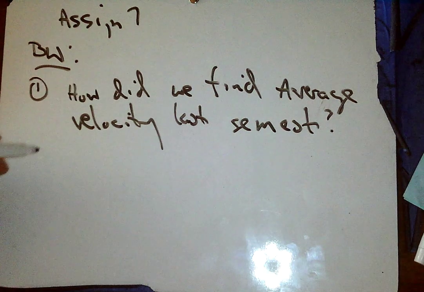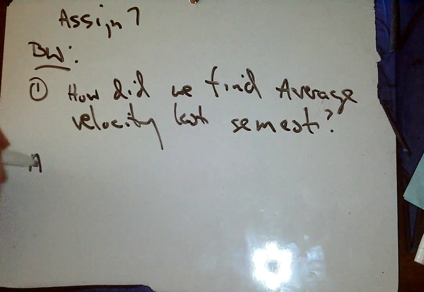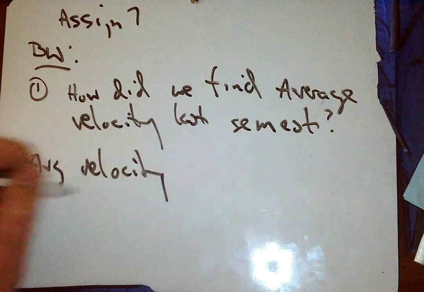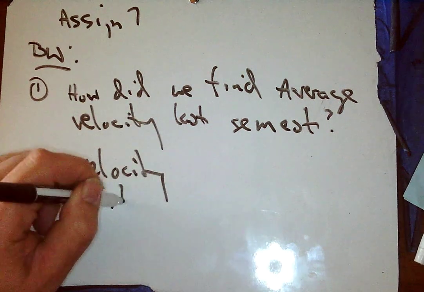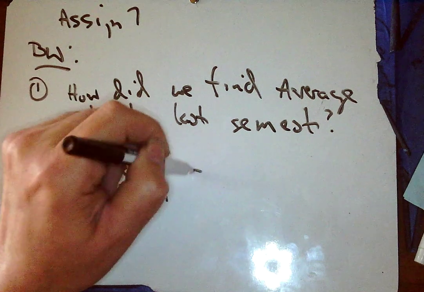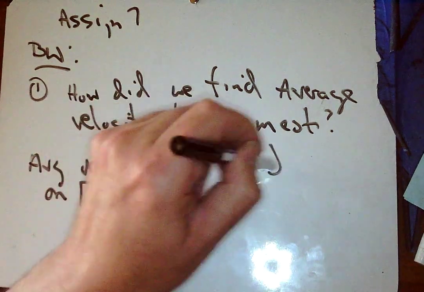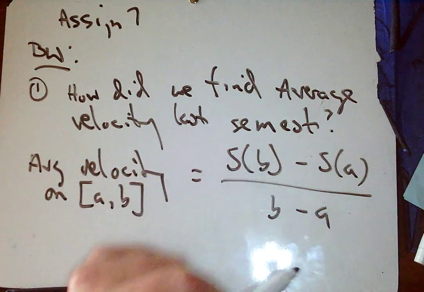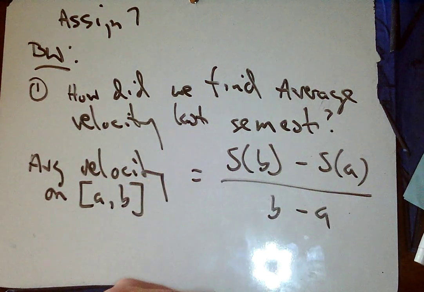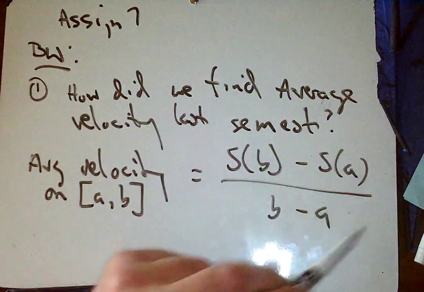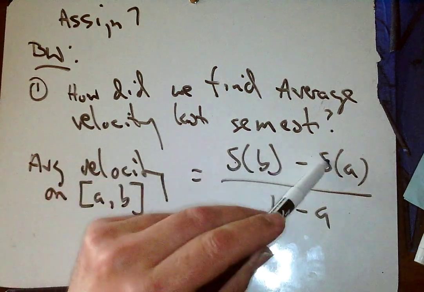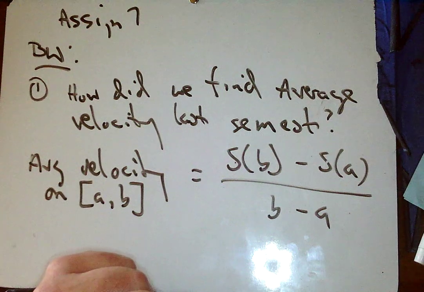We did average velocity on A to B is going to be S of B minus S of A over B minus A. The reason we did that is we're looking at the slope formula here, also known as the rate of change in position with respect to time.